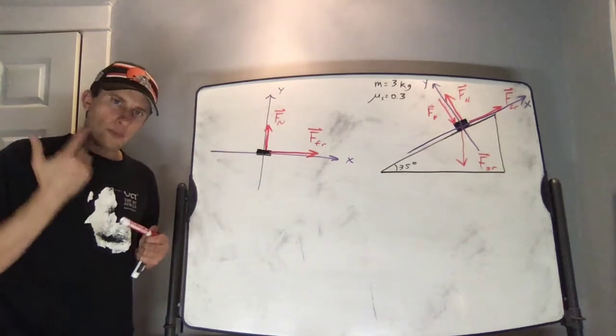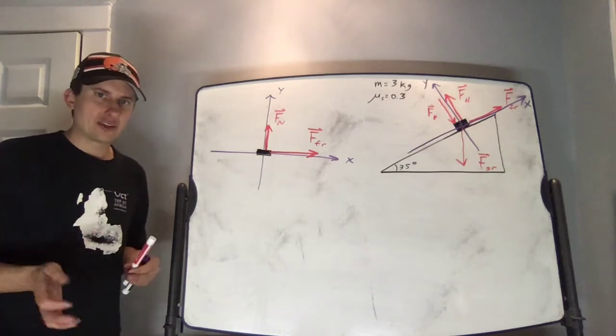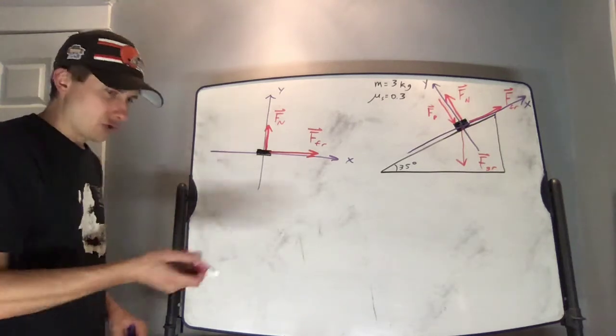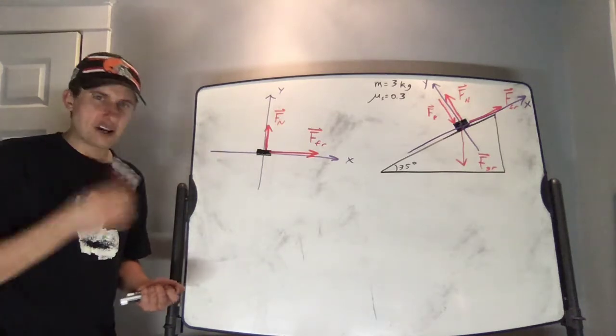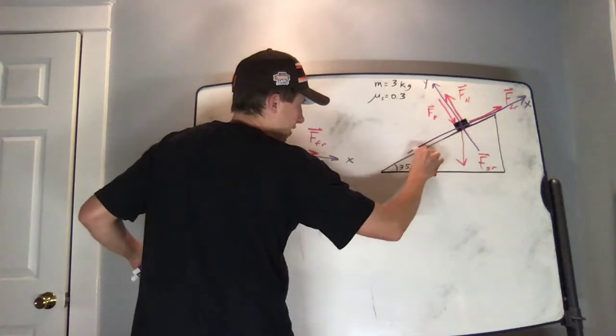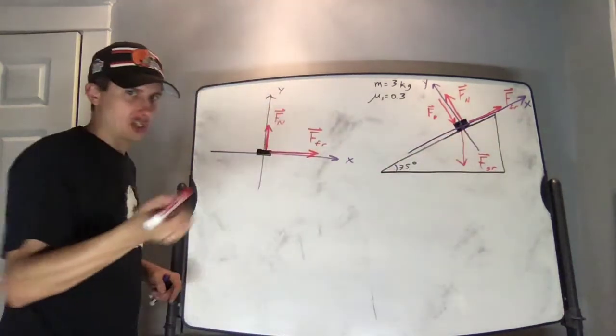Now, if you remember chapter 3 and vectors, we are allowed to take a picture with some vectors drawn on that picture. We're allowed to pick up a vector and move it around on our paper to some other location.